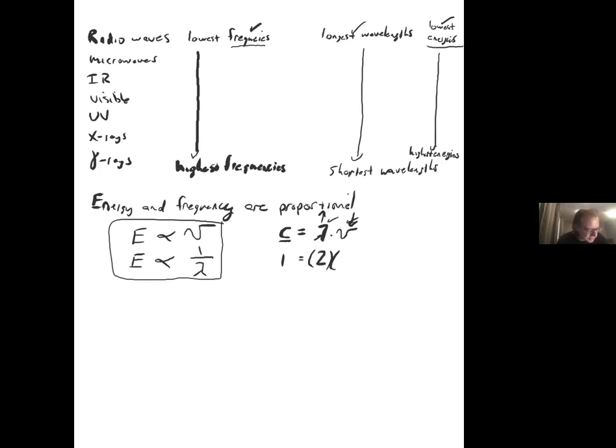Well, in order for this to be true, the frequency would have to be a half, right? But if the wavelength is a half, then the frequency would have to be 2 in order to make it 1. So if this one goes down, this one has to go up, just so that they're equal to that. That's called an inverse proportion or an inverse relationship, where if one goes up, the other one has to go down mathematically.